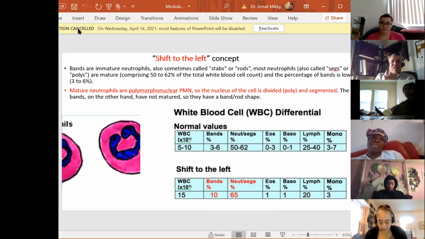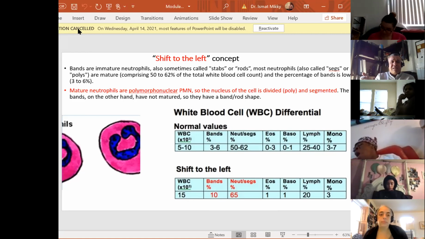When would you expect the bands to exceed 6%? During infection, sepsis or infection. Because the bone marrow, as compensation in response to the infection, will attempt to produce a large amount of white blood cells.